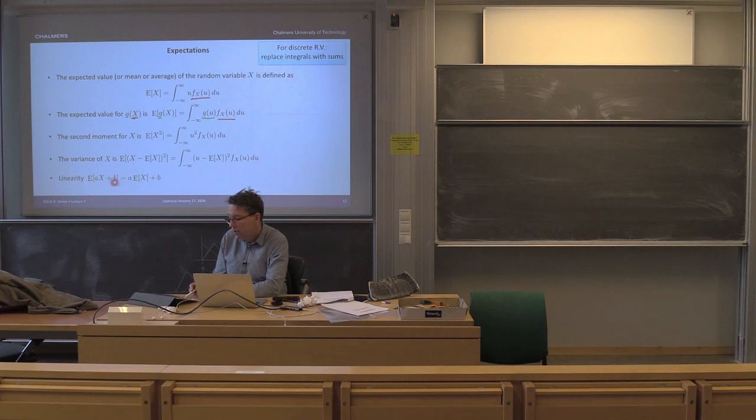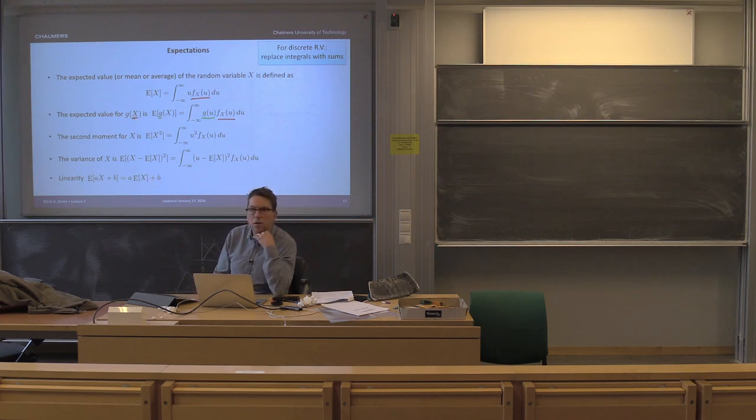And we have linearity in this expected value. So the expected value of a times x plus b is a times E of x plus b. And this follows very quickly from the definition of expectation of this function. Right? Because we have integrals here, we can pull out the a, and the b just also goes out, and then we get this result.